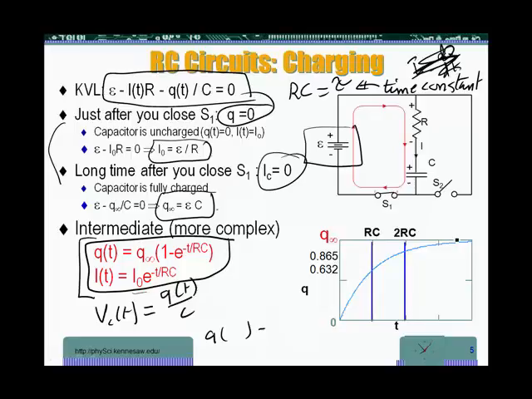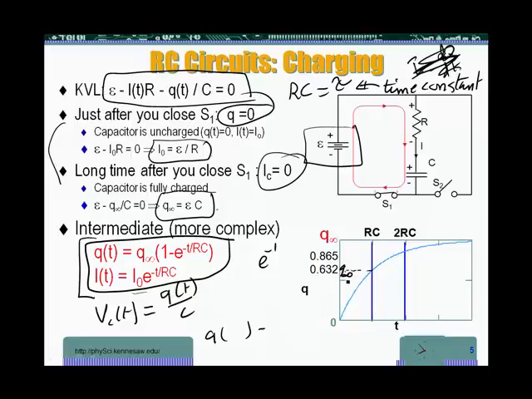Now, when the time is equal to RC, when the time is equal to the time constant, then the exponential term is going to be exponential of -1. Now, if you calculate that, the amount of charge is going to be the total charge times 0.632.